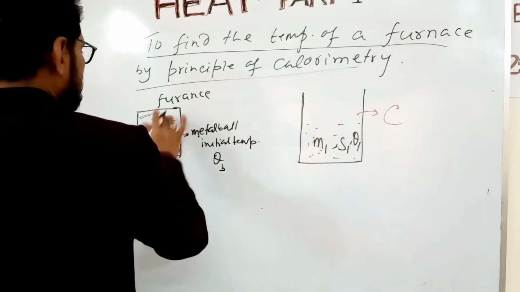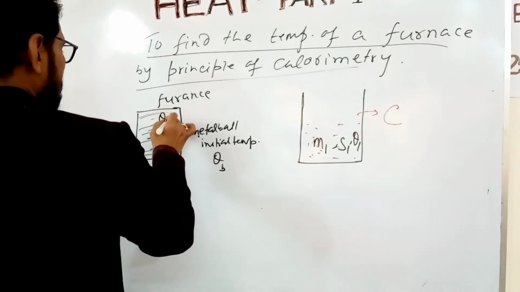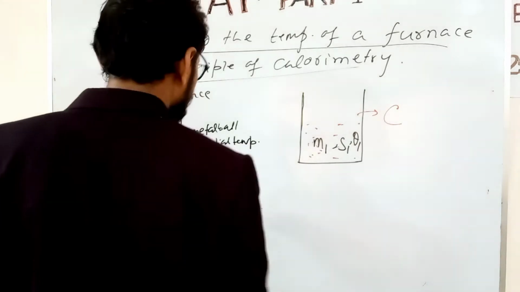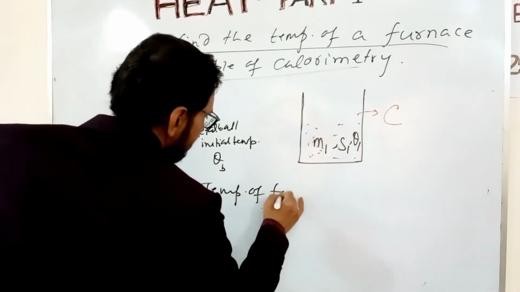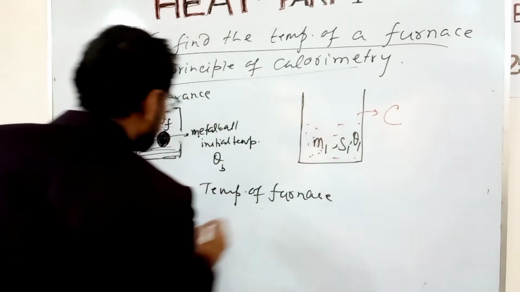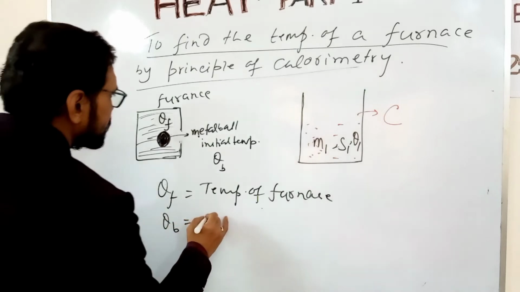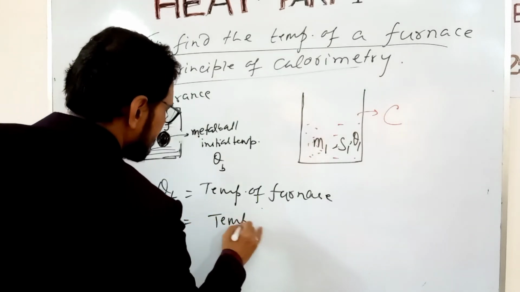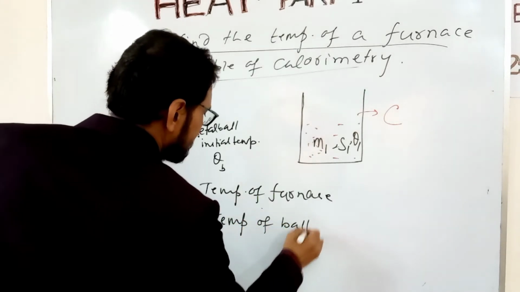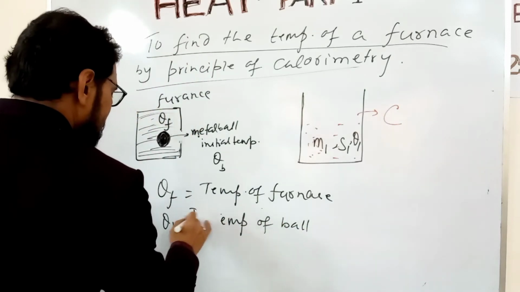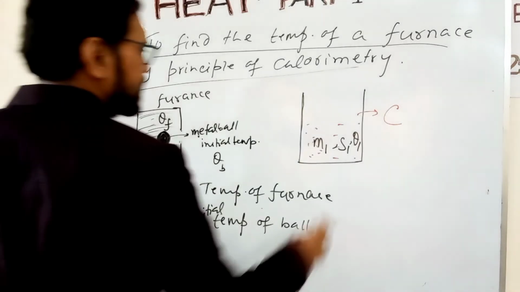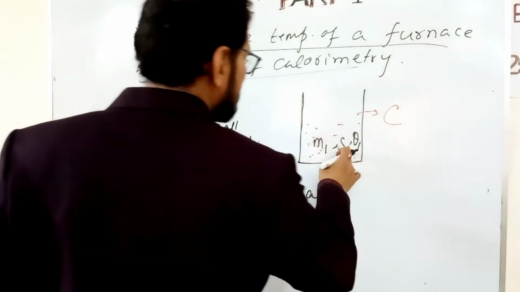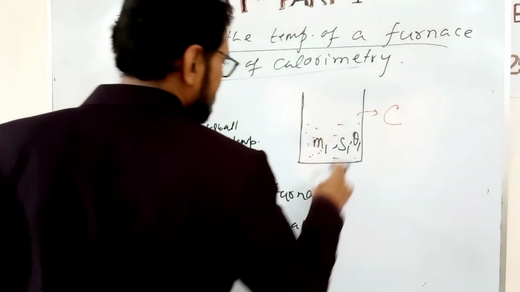Now the temperature of the furnace is suppose theta F. Theta F is the temperature of the furnace. Theta B is equal to the initial temperature of the ball, and the temperature of the liquid as well as the calorimeter is theta 1.